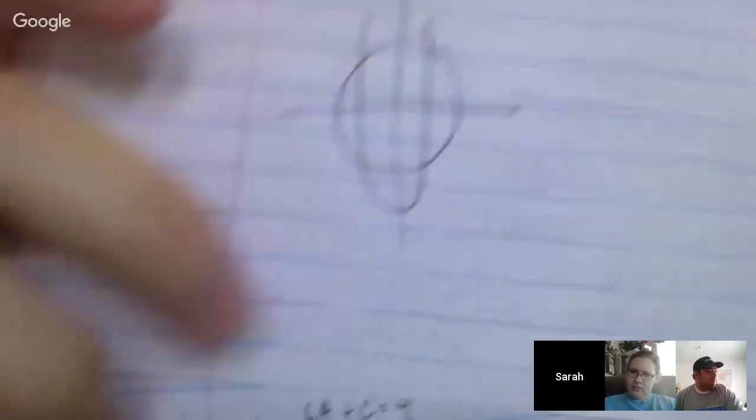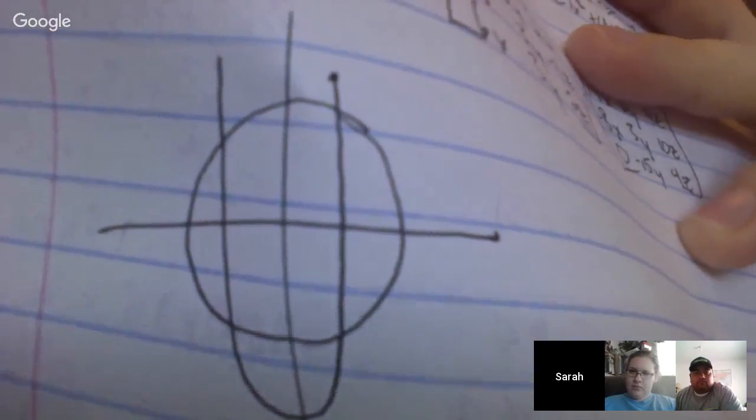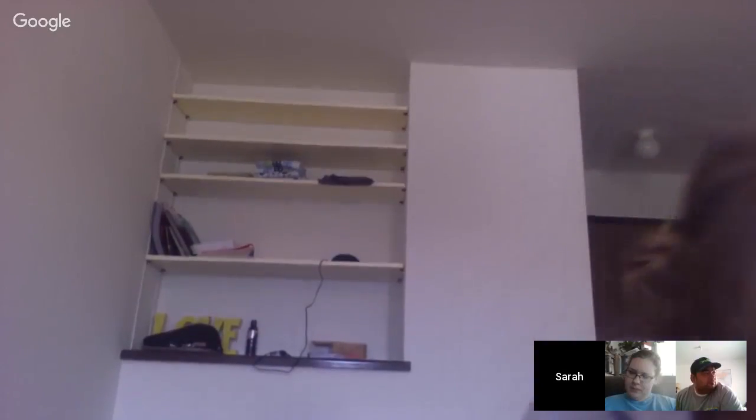So with a circle and a parabola, tell me if this is weird, but I drew it like that, and that shows that there could be 4 solutions, right? One, 2, 3, 4.